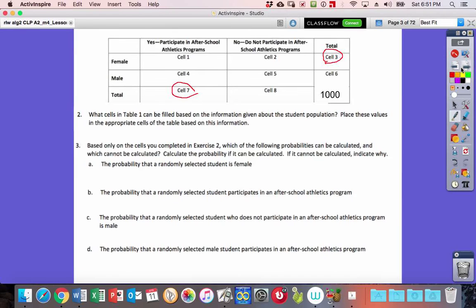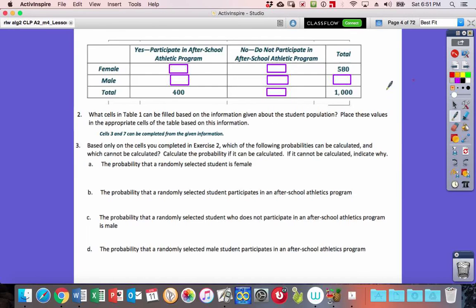So cell 3 and cell 7 are filled in for you: 580 females, and 400 of all the students, whether male or female, participate in the athletic program. Can you see why it was convenient to use 1,000? 58% is 580, and 40% is 400.